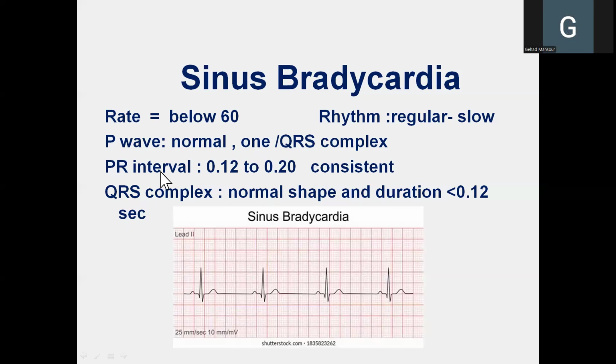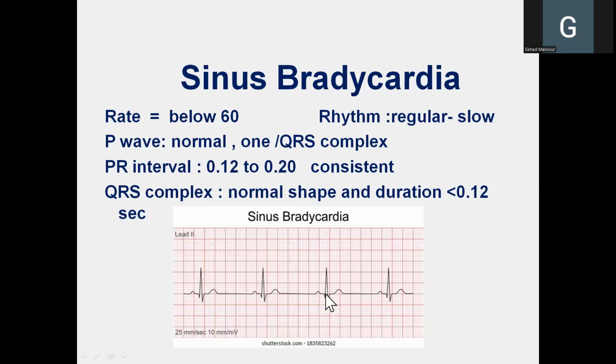Here, the PR interval will still be between 0.12 and 0.20. 0.12 means what? 0.12 means 3 small squares, because every small square has a duration of 0.04. So 3 small squares have a total duration of 0.12. 5 small squares have a duration of 0.20. I mean the small squares that are inside each big square.